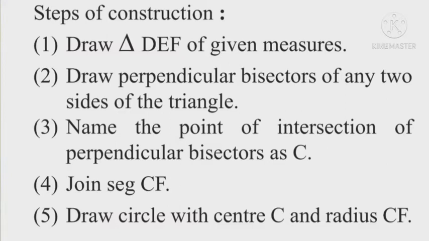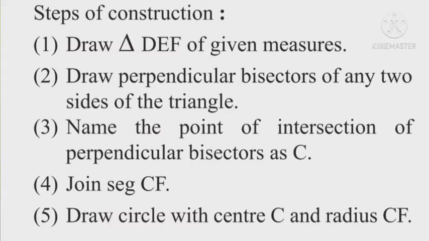The two perpendicular bisectors that you draw intersect at one point, give a name to that point. Join that point with any vertex of the triangle, so that is the radius of the circle. By taking that radius, draw a circle which passes through all three vertices of the triangle.